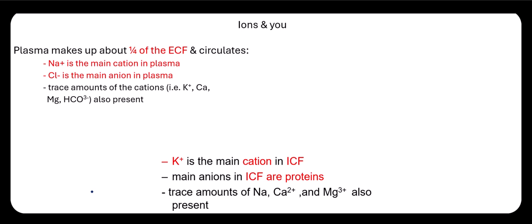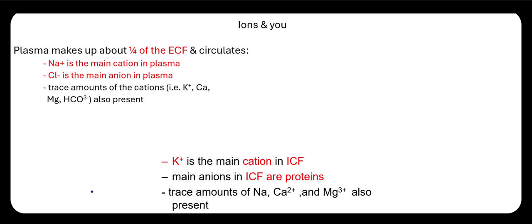So like we said, plasma makes up about 1/4 of the extracellular fluid. It's the part that moves. The main cation is sodium, the main anion is chloride. We're going to have some other cations around, and in physiology we'll talk about those. Potassium is the main cation in your intracellular fluid. The main anions are proteins.